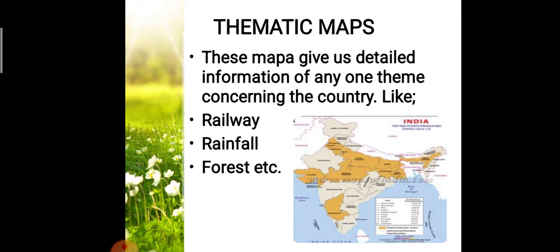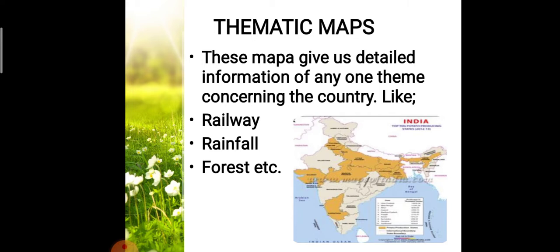Some maps focus on specific information such as road map, rainfall map, and other maps like distribution of forest, industries, the population map. These types of maps are known as thematic maps.